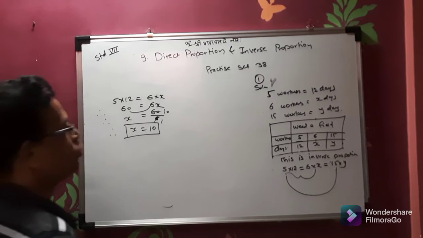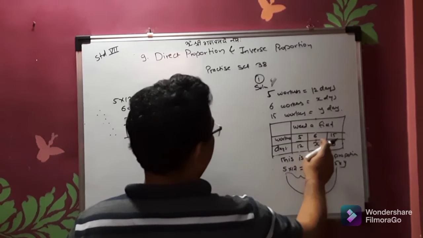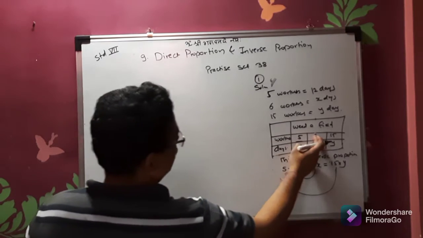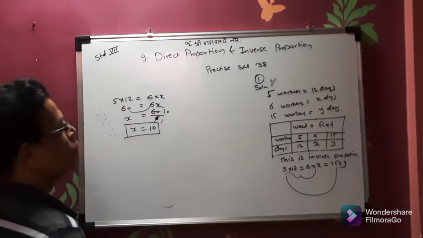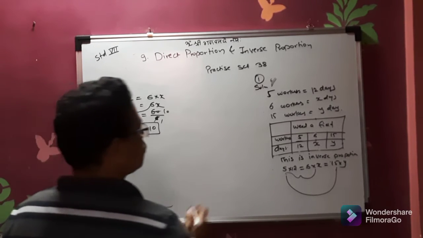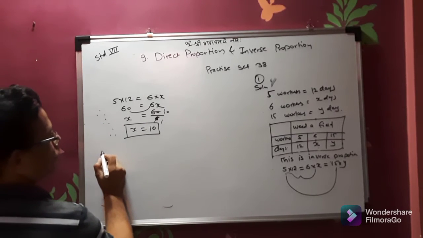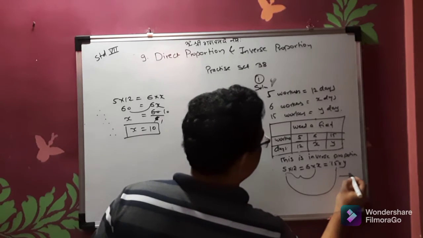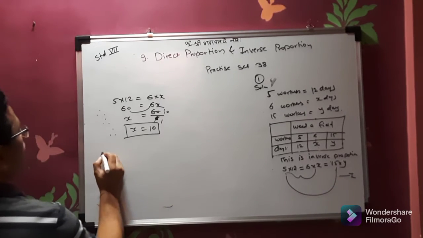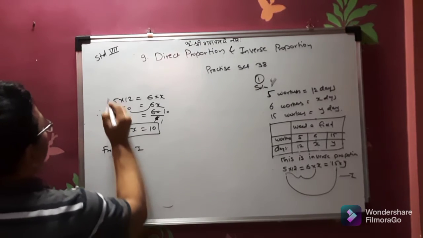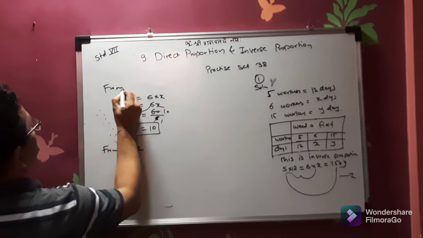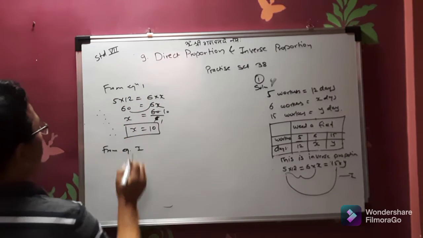So 6 workers will require how many days? 6 workers will require 10 days to weed a field. Now we have to calculate the value of y also. So this is equation 1.